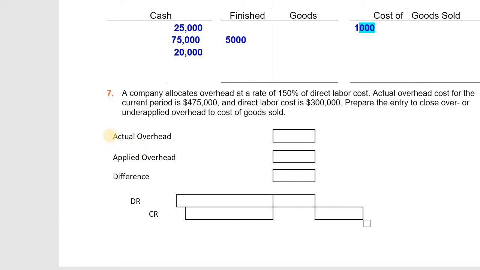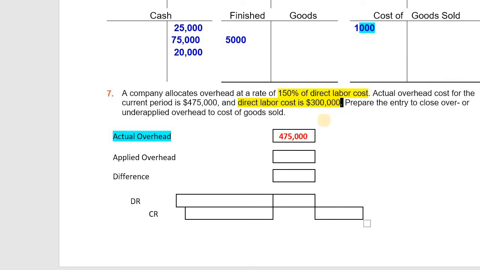Well, how much was our actual overhead? Actual overhead was $475,000, wasn't it? That's what we spent. How much did we apply? Well, I don't know. Let's see. We're going to apply it at 150% of direct labor cost, and our direct labor cost was $300,000.